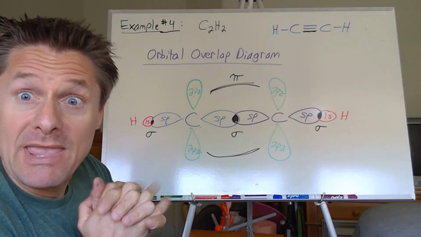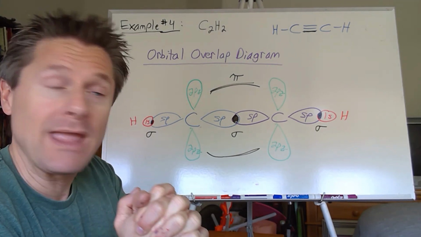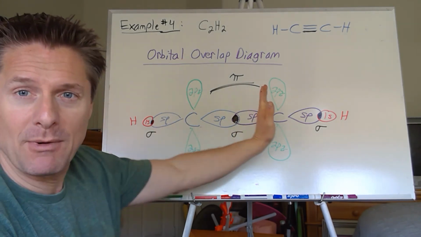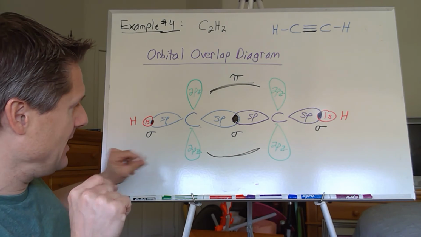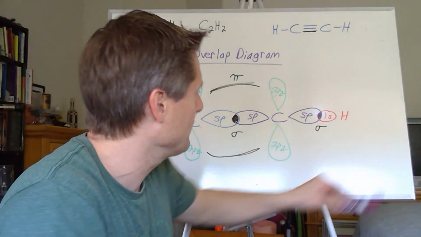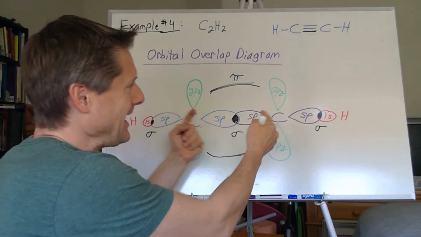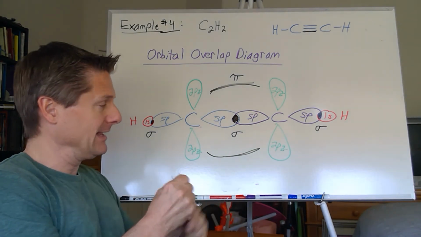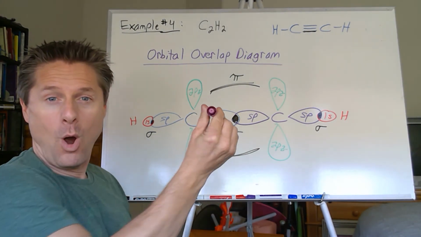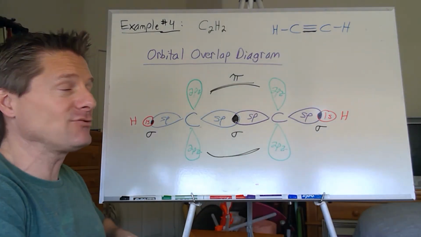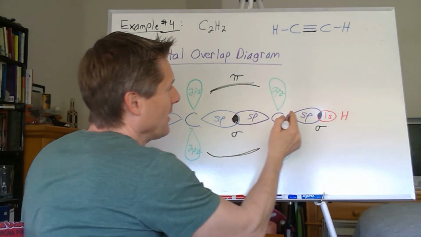We've got the py orbitals we haven't used yet. So the 2pz were unhybridized, the px were hybridized. Let's do this in this off color. Now the py's are literally coming at your face, and you can't draw that, so usually we angle them off.